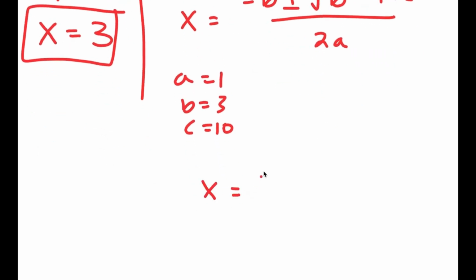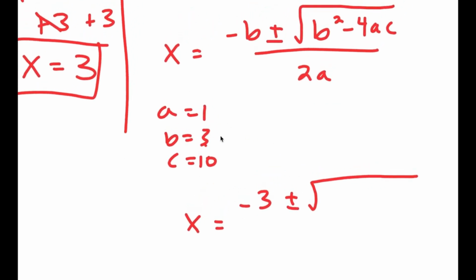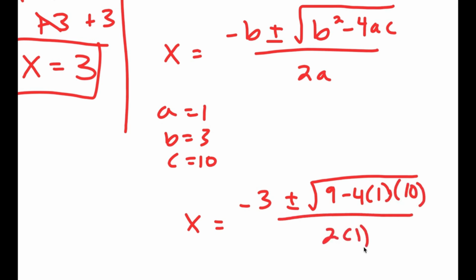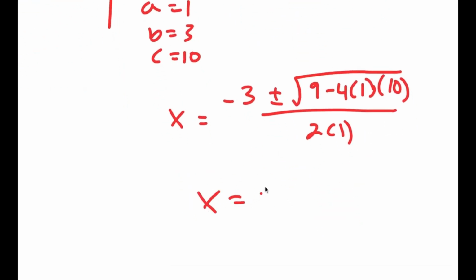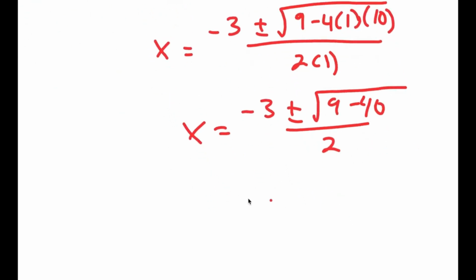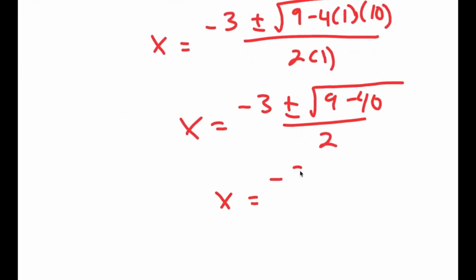So I get x is equal to negative 3 plus or minus the square root of 3 squared, which is 9, minus 4 times 1 times 10, all over 2 times 1. And now this is equal to negative 3 plus or minus the square root of 9 minus 40 over 2, which is equal to negative 3 plus or minus the square root of negative 31 over 2.